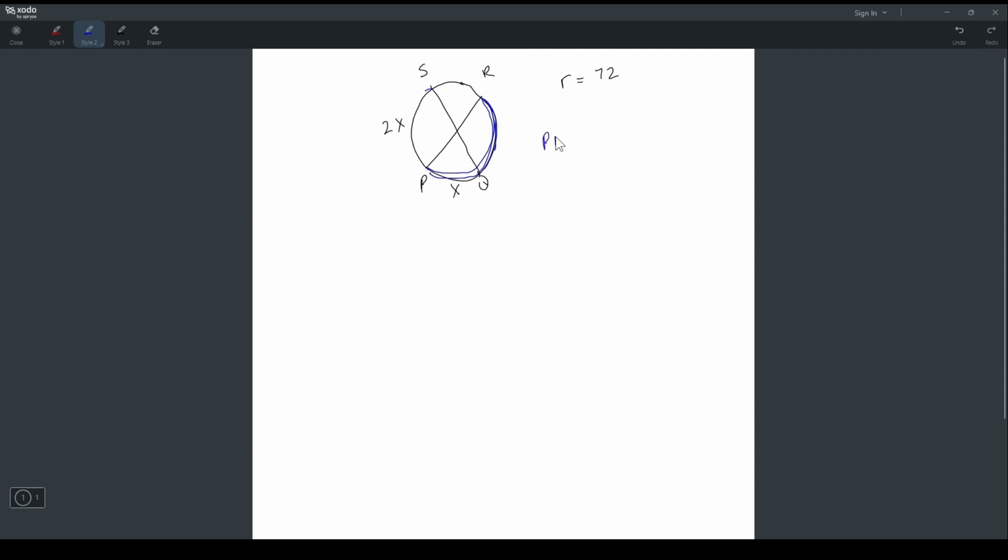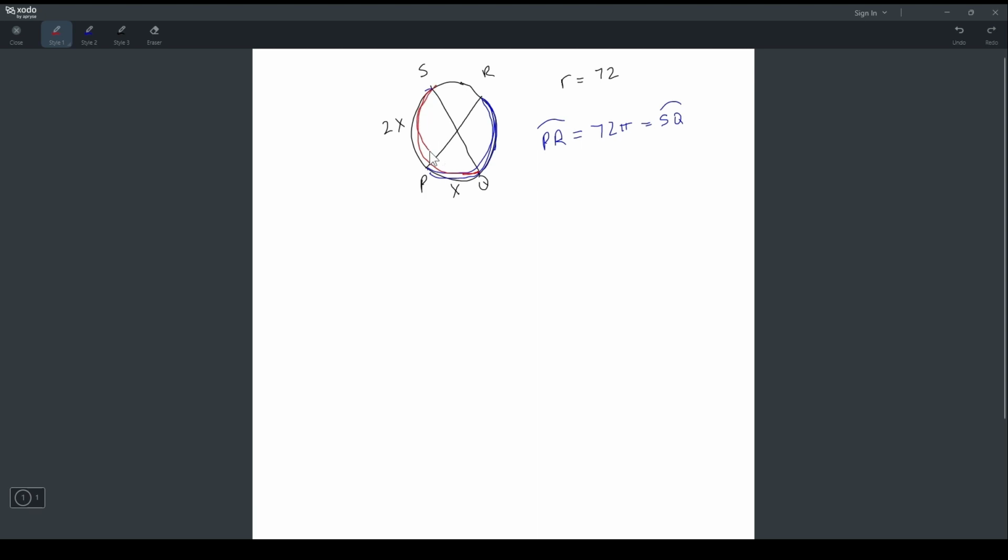So PR is 72 pi, right? Which is also equal to SQ, right? Which is this. Oh, wait. I got it.